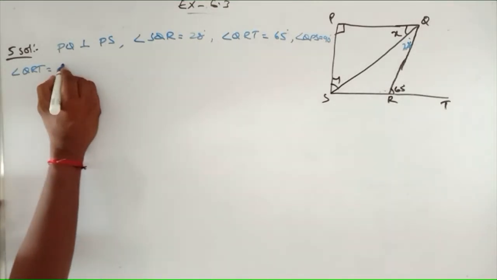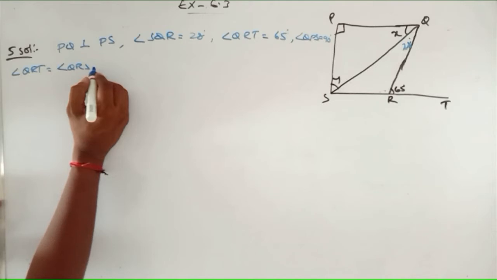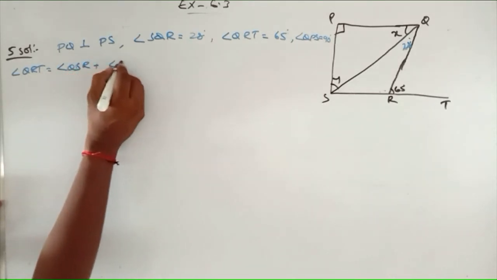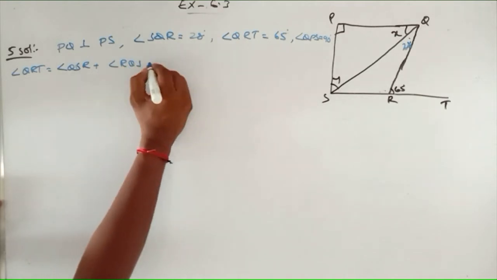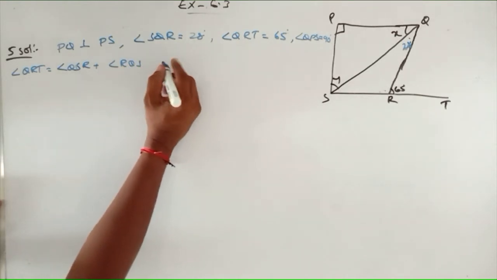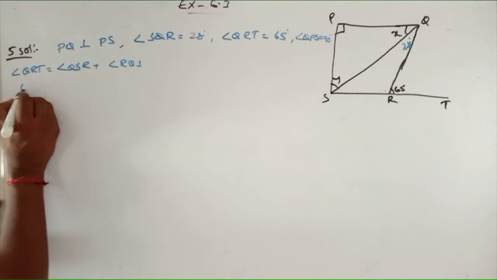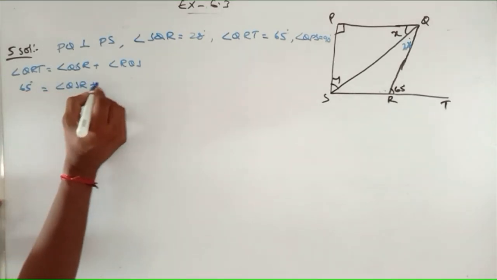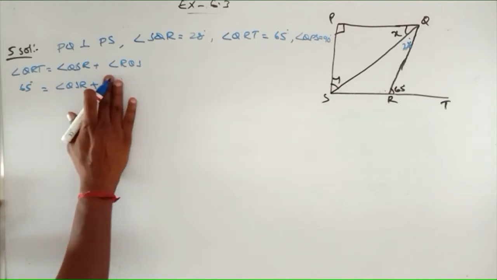Angle QRT is equal to angle QSR plus angle RQS, because the exterior angle is equal to the sum of the two opposite interior angles, that is 65 degrees is equal to angle QSR plus 28 degrees.